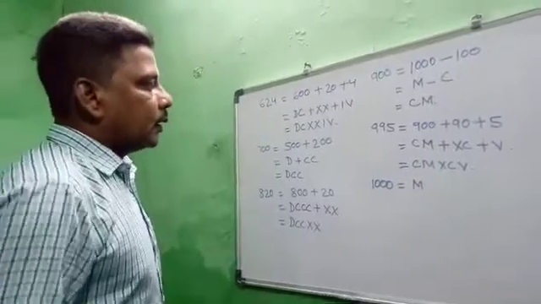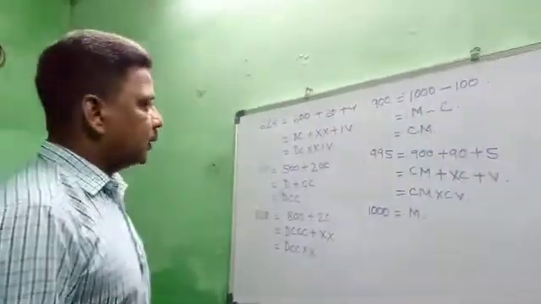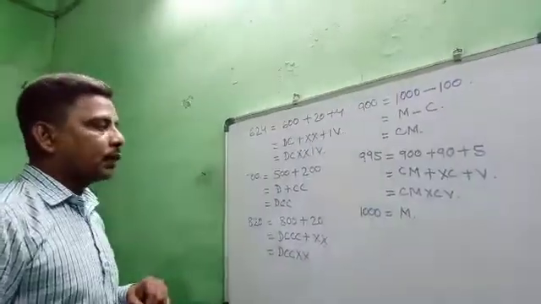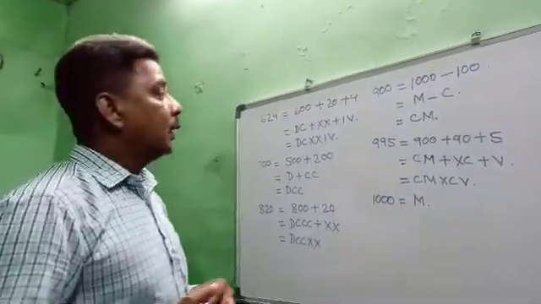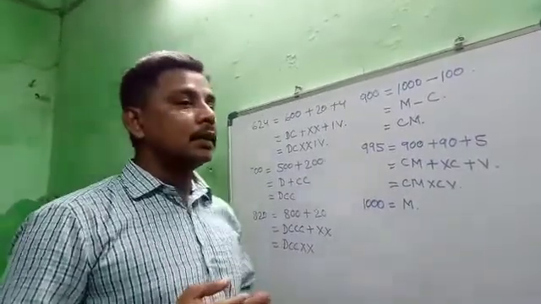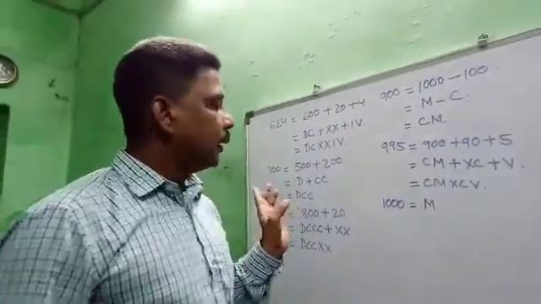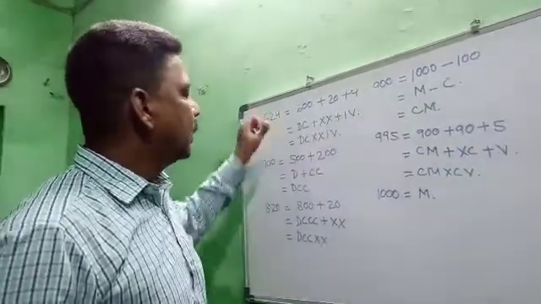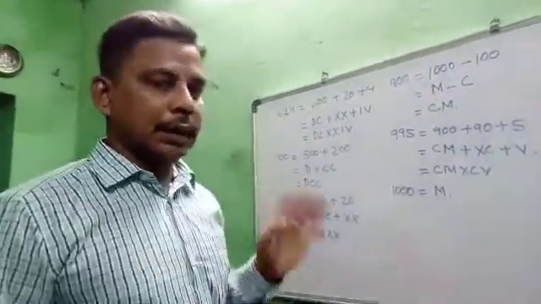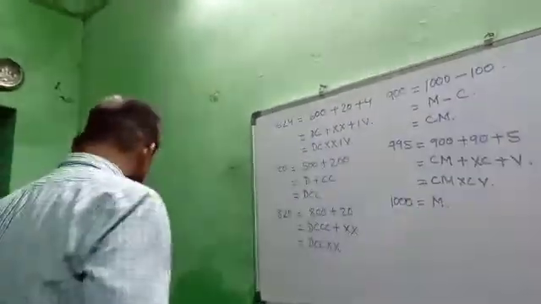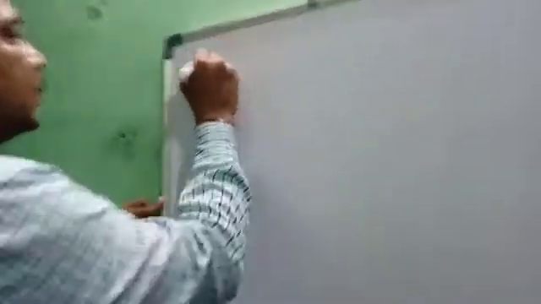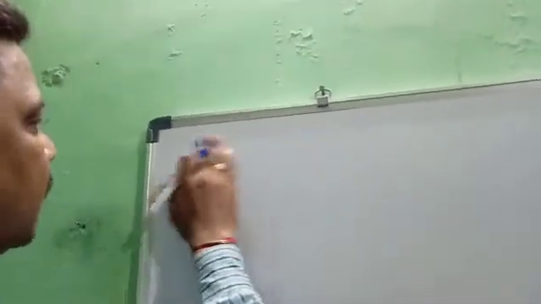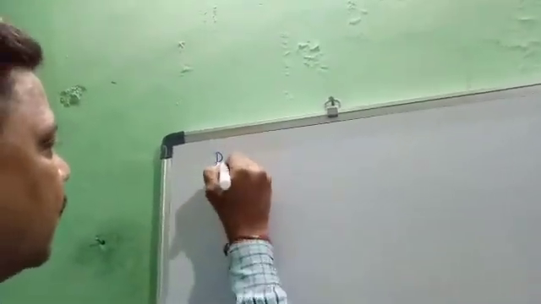Okay, our next topic is when the number is in Roman numerals and we have to convert it into Hindu Arabic. Our next topic is how to convert Roman to Hindu Arabic.